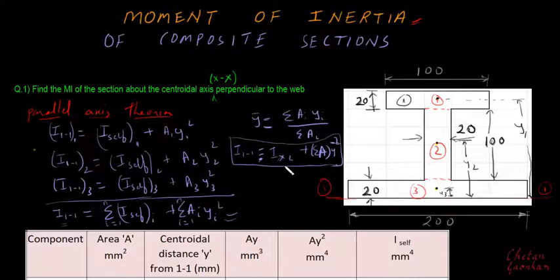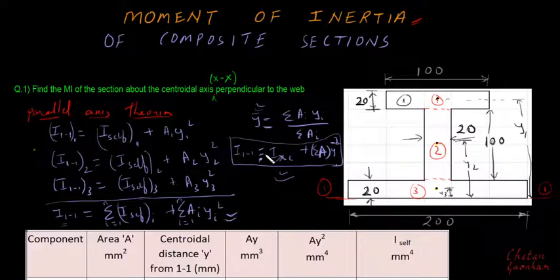So this is the second formula by which we'll be able to find the moment of inertia about the centroidal axis of this composite section. So we'll be using this formula, and we'll be using this formula. We also need to use this formula.